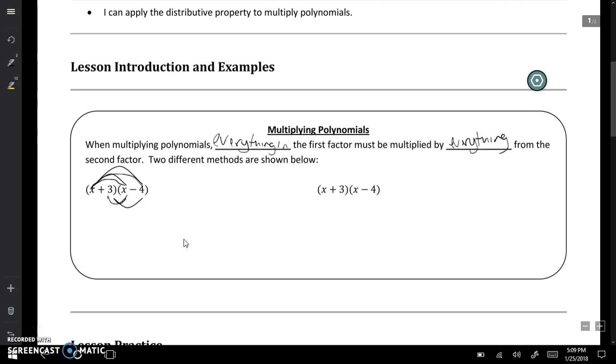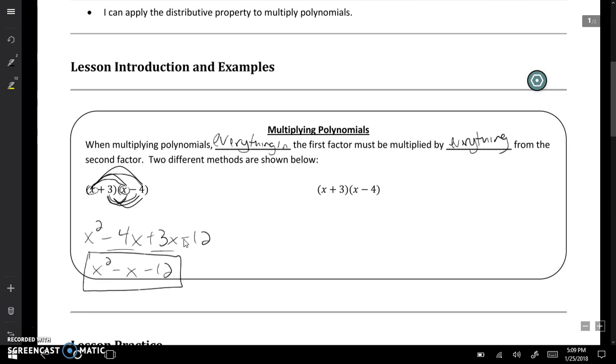Then you're going to take the 3 to the x and the 3 to the -4. So x times x, x squared. x times -4 is -4x. 3 times x is plus 3x. And then 3 times -4 is -12. But now we can combine like terms and add those together, and you get x squared minus x, or minus 1x, minus 12.